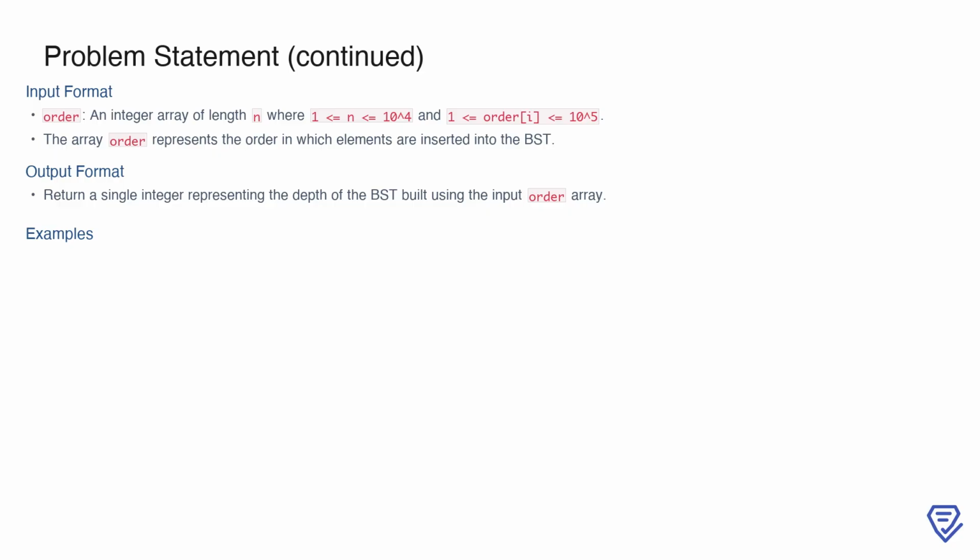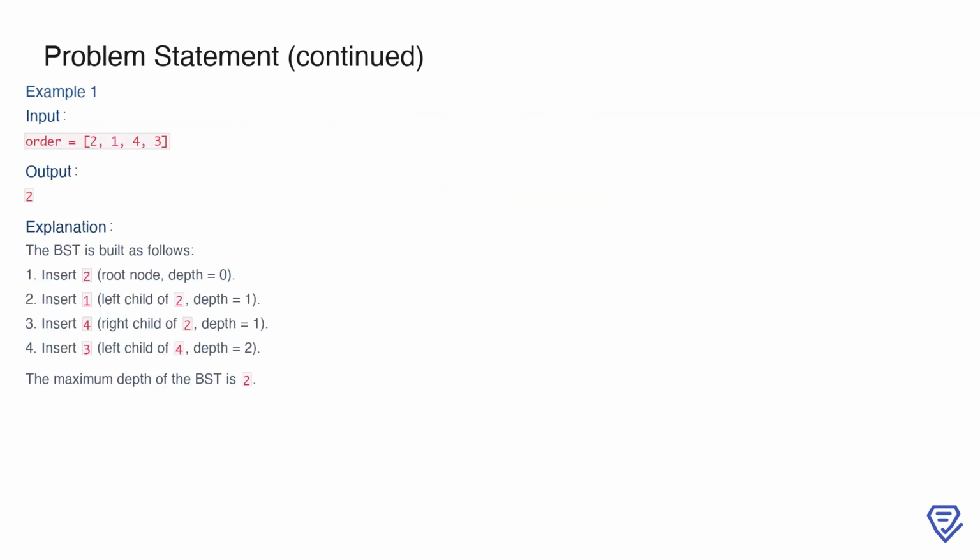To clarify how this works, let's look at some examples to understand how the tree is built and how the depth is calculated. Here's the first example. The input array is 2, 1, 4, 3. Starting with the first element, 2 becomes the root node of the tree, and since it's the root, its depth is 0. Next, 1 is inserted, and because it's less than 2, it becomes the left child of 2, with a depth of 1.